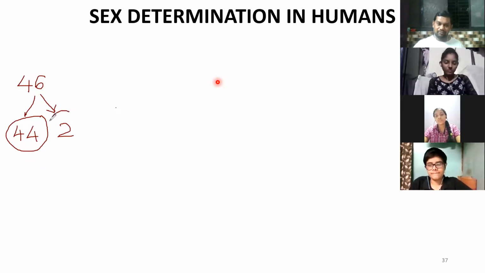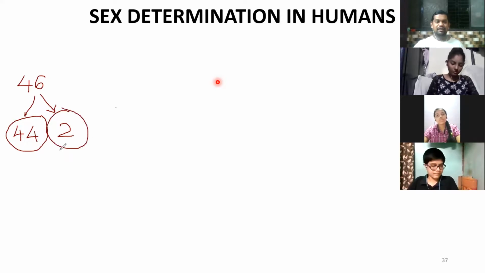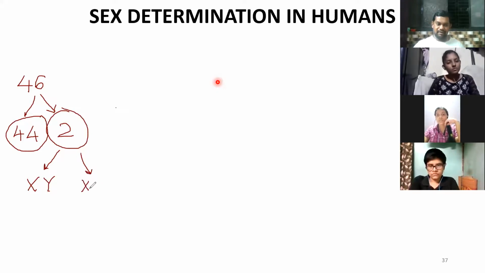The remaining 2 chromosomes: in the case of males, the sex chromosomes are X and Y, and in females, the sex chromosomes are X and X. So one X chromosome is again common between both the genders.